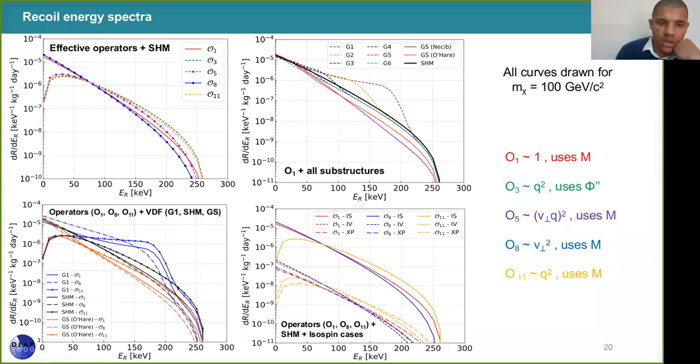And also we see here that for the G1 streams, the rate behaves quite interestingly, because for large recoil energies, the rate behaves nearly constant across different energies. And the last plot shows the three operators, but with isospin cases.